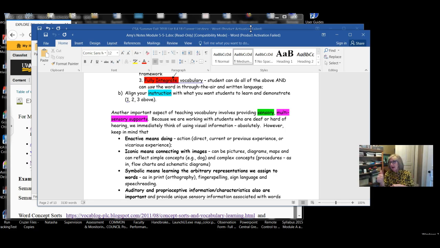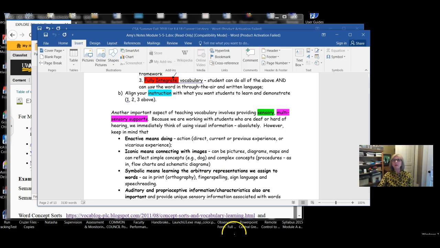You'll use the other theories, certainly Bruner and the 3 levels, and you'll use the knowledge theory to think about how do I deepen a student's understanding of a vocabulary word. But the process is really from the bilingual theory.